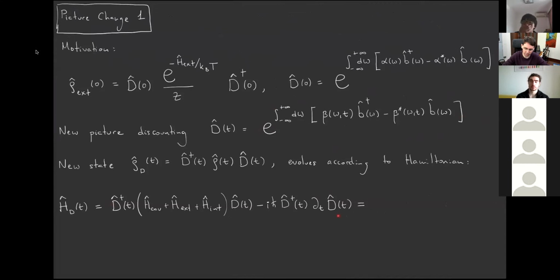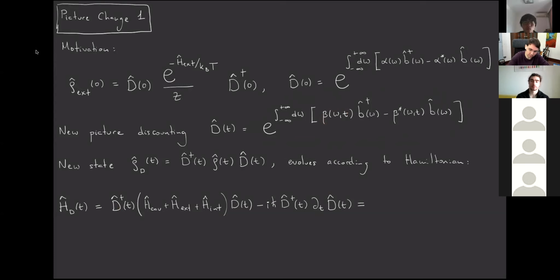And the time derivative of this operator will give you a piece that depends on derivatives of beta. And then you will find a total Hamiltonian that depends on the choice of beta, and in particular, it depends on the differential equation satisfied by beta.